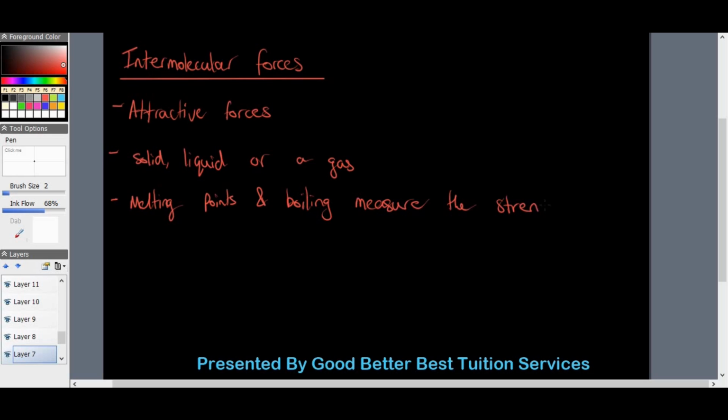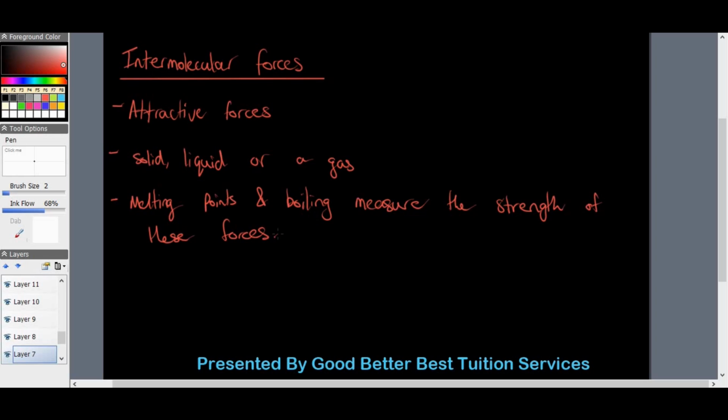So obviously, the higher the boiling point means the more kinetic energy is needed to overcome those forces and break them apart. These are good notes to take down to gear our brains to understand it.